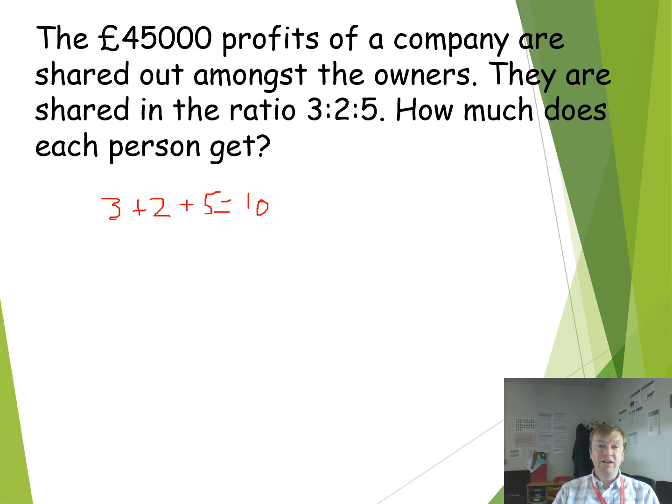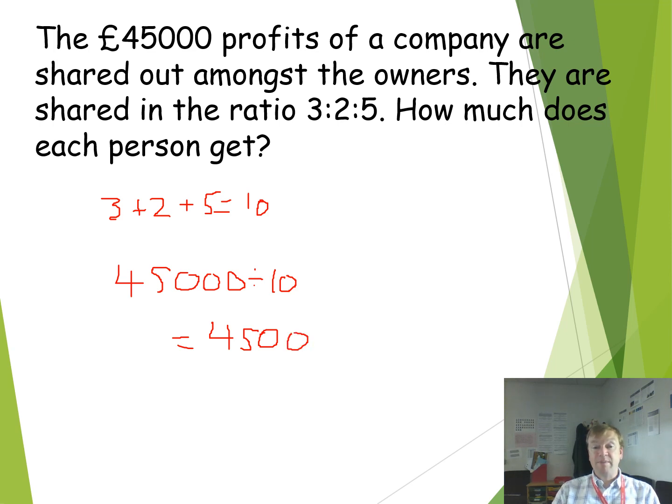Well, we take the total amount of money, the £45,000 profits, and we share that by 10. In other words, divide it by 10. That's an easy sum to do. We don't need a calculator for that. So all we've got to do is knock off a 0. So that becomes £4,500 per share.